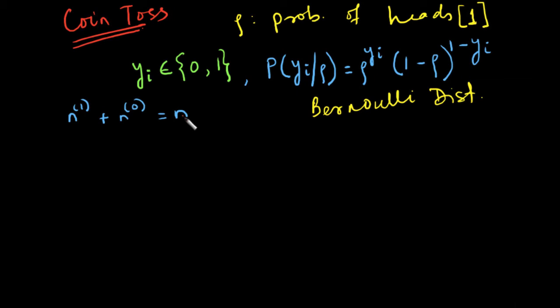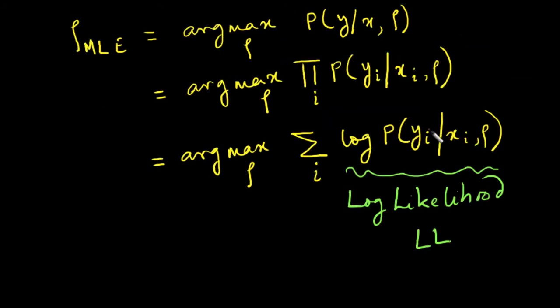Now our job is to maximize the log likelihood. The log likelihood, as we defined, is the log of the probability of yi given rho. Here in this coin toss problem we don't have xi. We take a log of that and sum over all possible values of i.